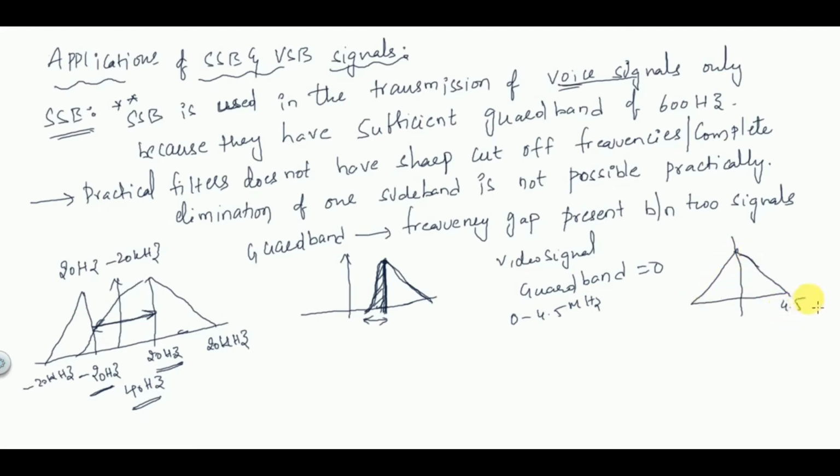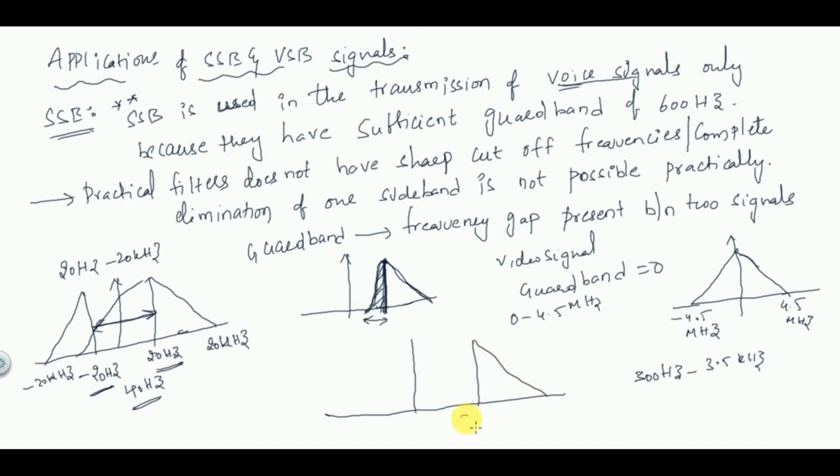Okay, this is 4.5 megahertz and this is minus 4.5 megahertz. So there is no frequency gap for video signal, but for voice signal the range is from 300 hertz to 3.5 kilohertz.